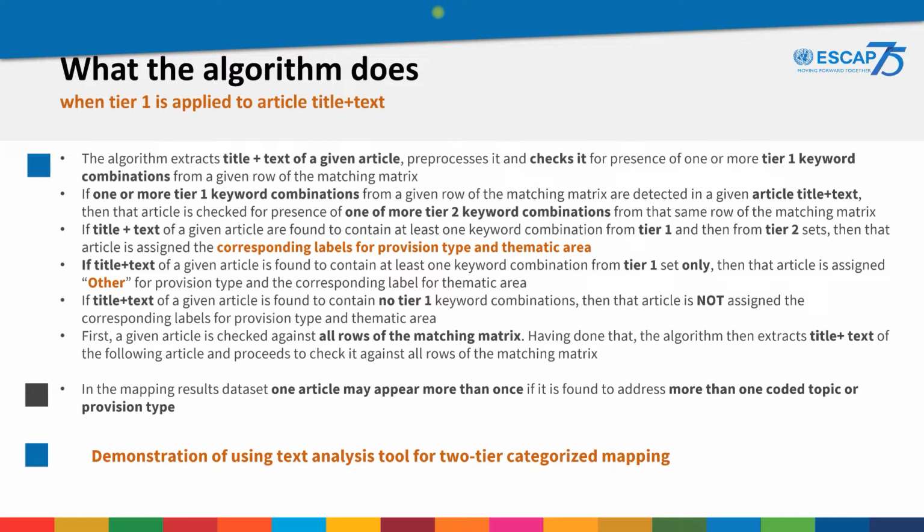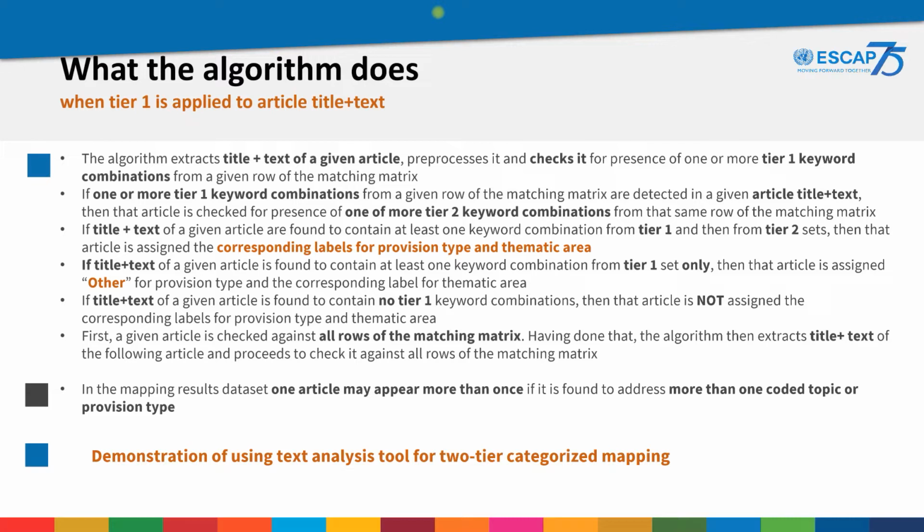If one or more Tier 1 keyword combinations from a given row of the matching matrix are detected in a given article, then that article is checked also for presence of one or more Tier 2 keyword combinations from the same row of the matching matrix.